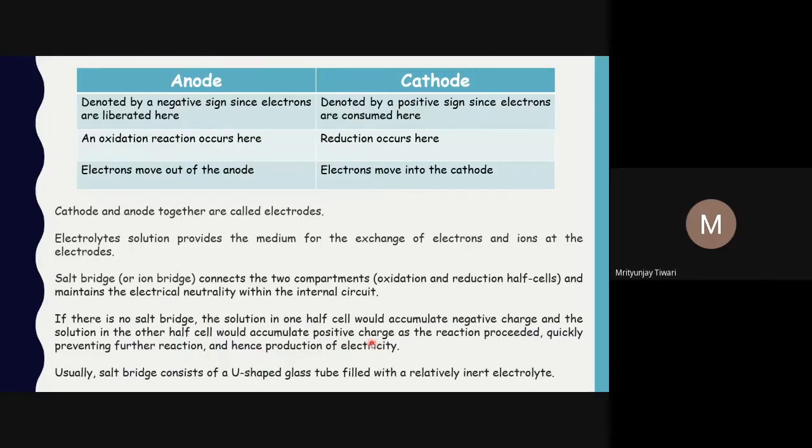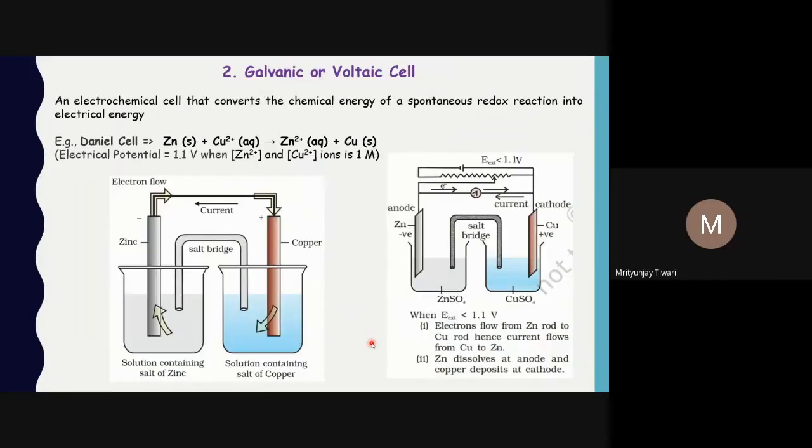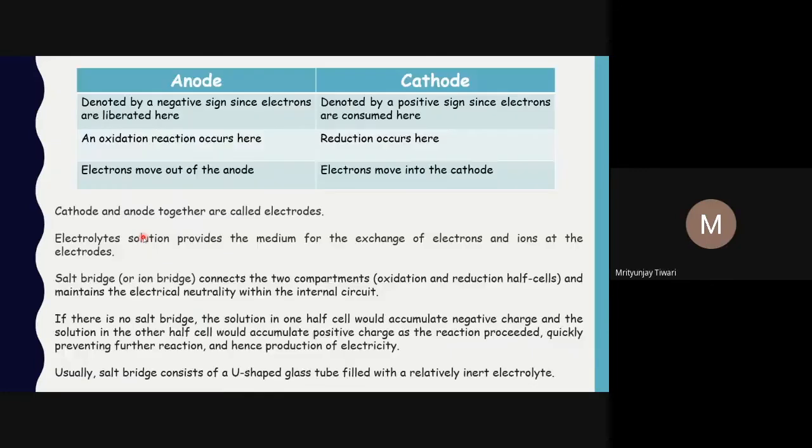And if positive charge accumulates in the solution, the electron that has been produced has to go somewhere else, but the positive charge will not allow the electron to go away. The electron will remain with the zinc. So this is what we see.